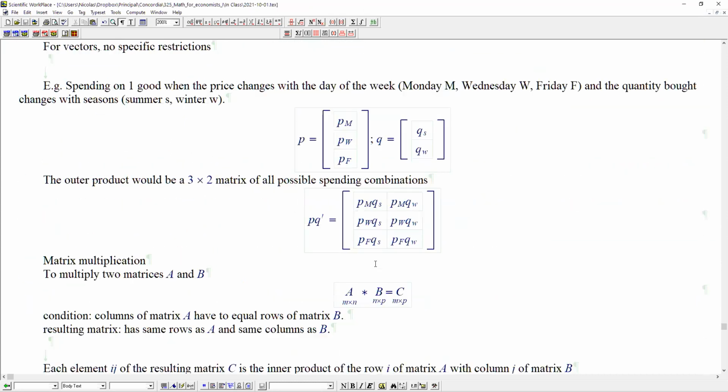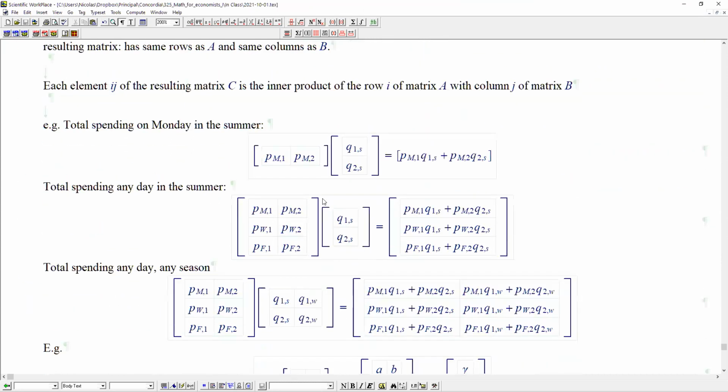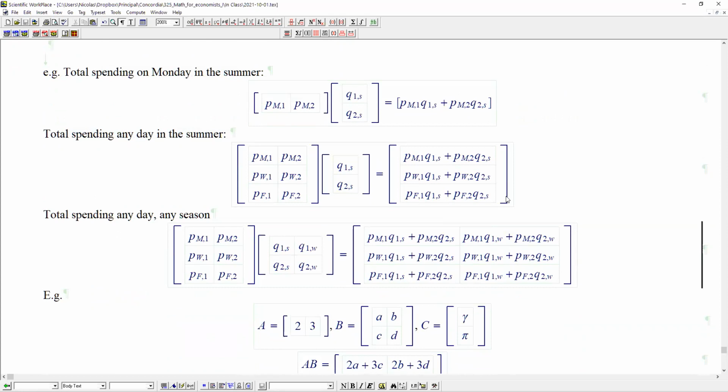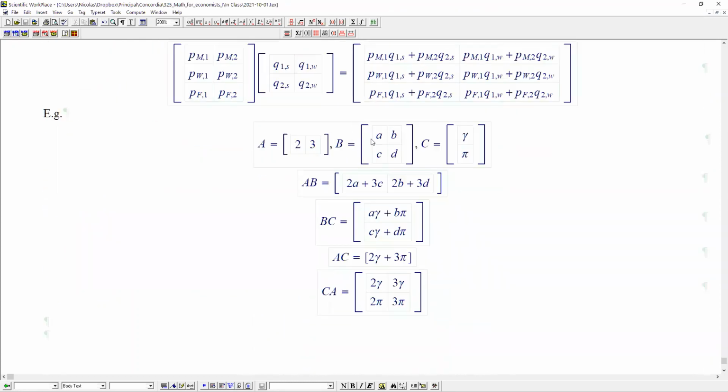And if you consider different days of the week, you just tag this result on top of the other. And if you consider different seasons, you just put them here, and then you get all these matrices. So maybe that's helpful, maybe that's not. That's how I thought I would make it sound useful for you. As long as you understand the mechanics of how you multiply them, that's good.